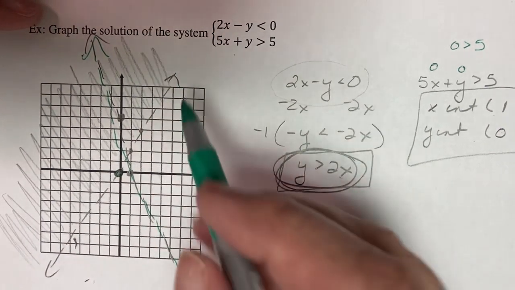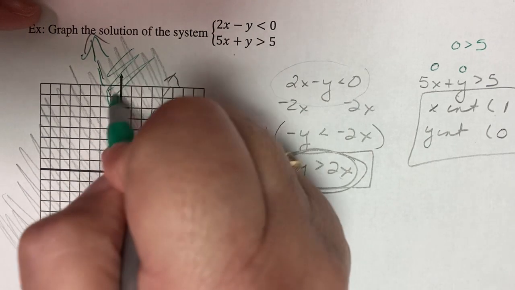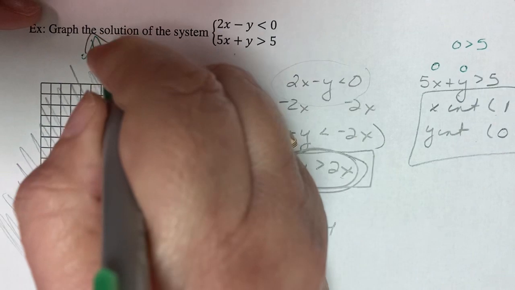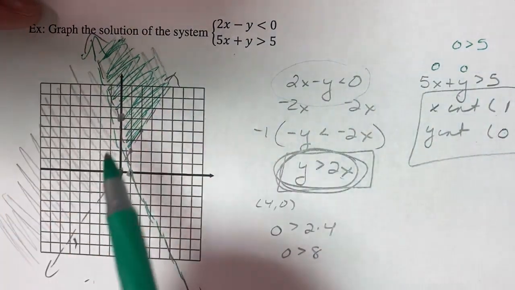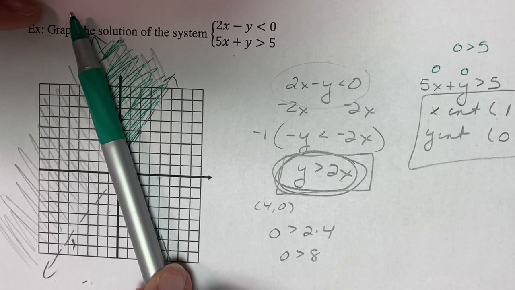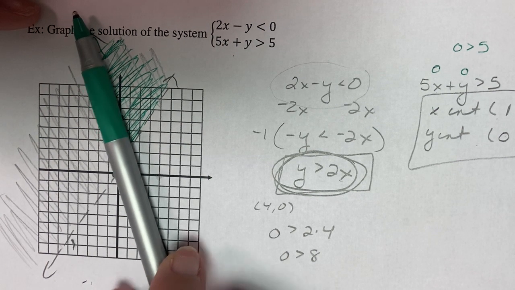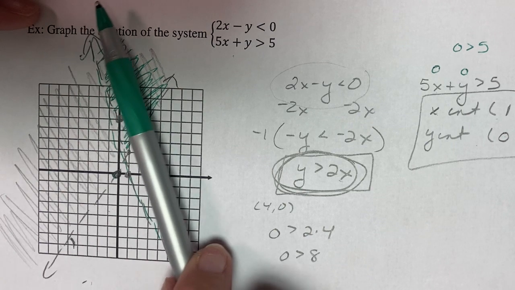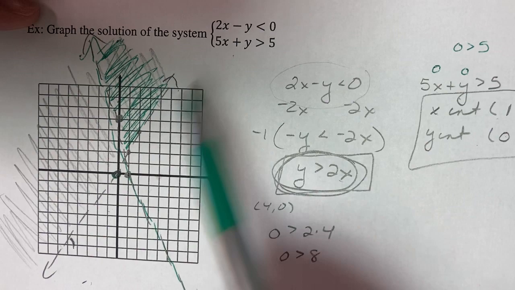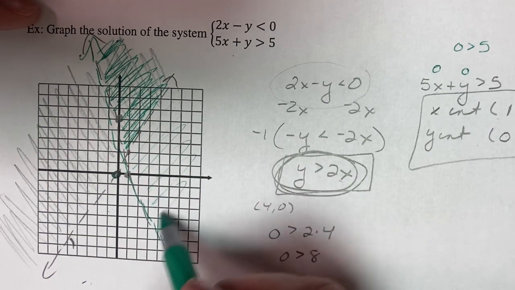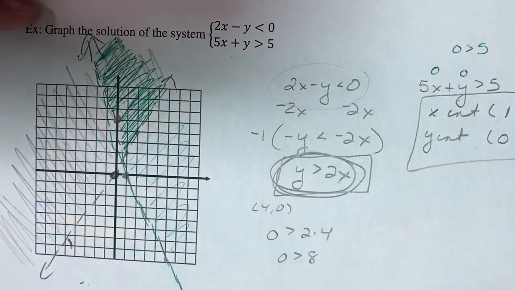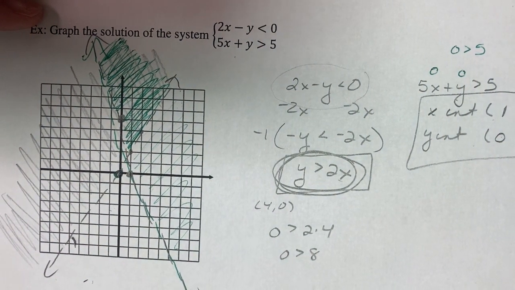Do you see where they overlap right in here? Because remember, if this is my green line, I would shade not on the side with 0, 0, I would shade on the other side. So I would shade all the way up here, but the overlap is going to be this area right here. And there you go.